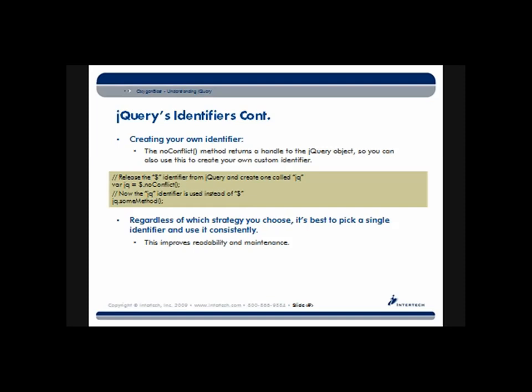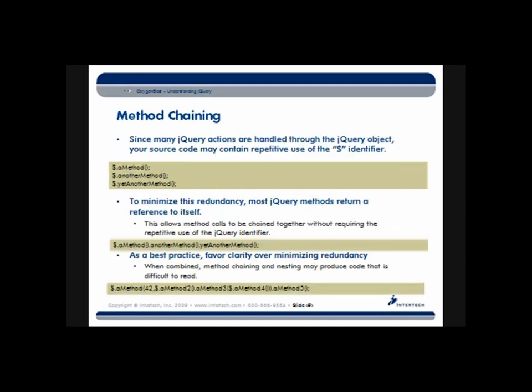So if I do something like var jq equals $.noConflict, it's going to release the $ identifier from jQuery, and now I can refer to the jQuery code through the jq identifier I put right here. So here you see I now use the jq.sum method. So which strategy is the best? It really doesn't matter. It's whatever you need to do. Just pick a single identifier and use it consistently to improve readability and, of course, maintenance.